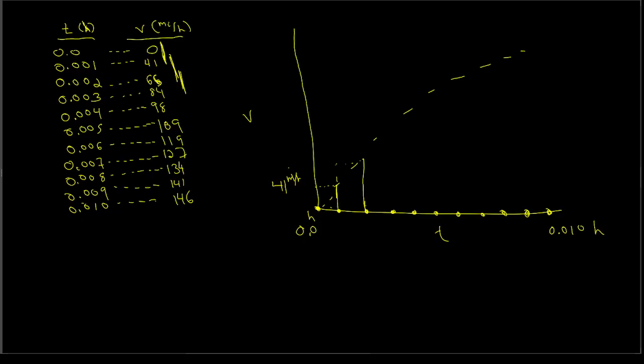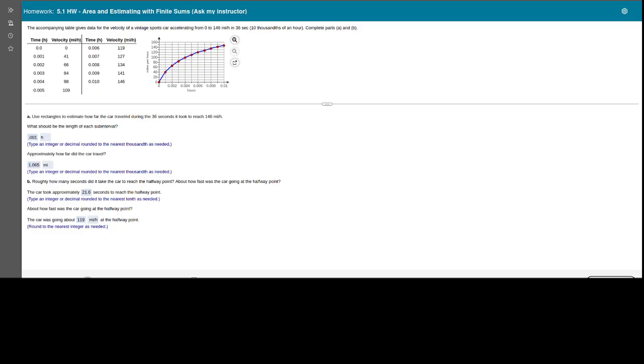And so if we come back to the question here, the first thing it asks us is, use the rectangles to estimate how far the car traveled during the 36 seconds it took to reach 146 miles per hour. What should the length of each sub-interval be?